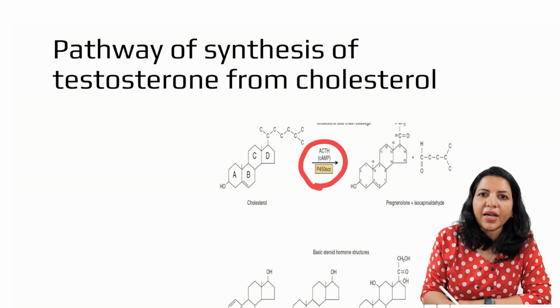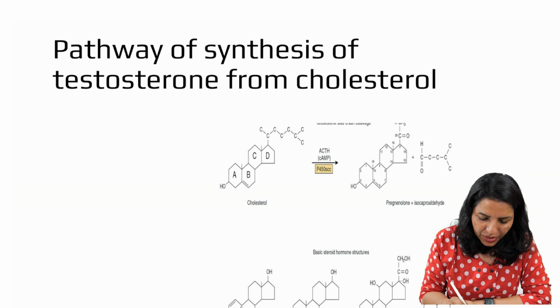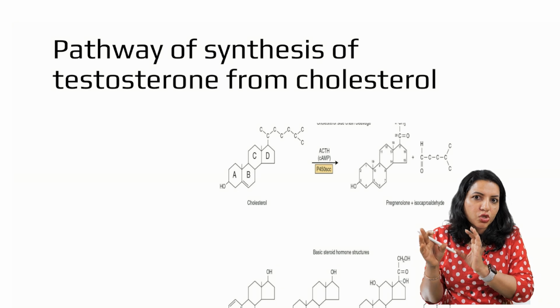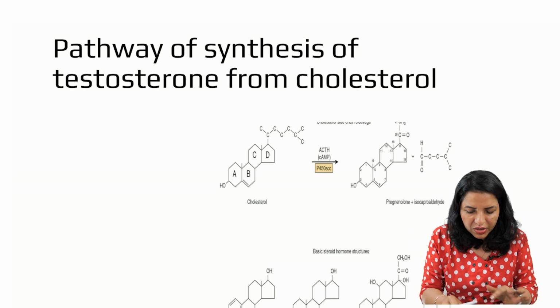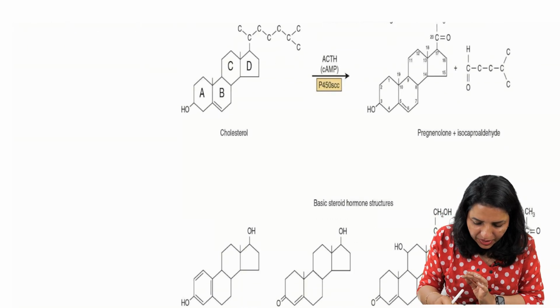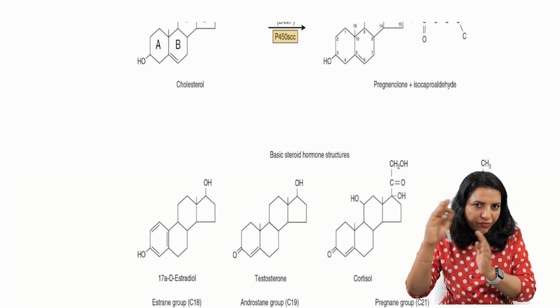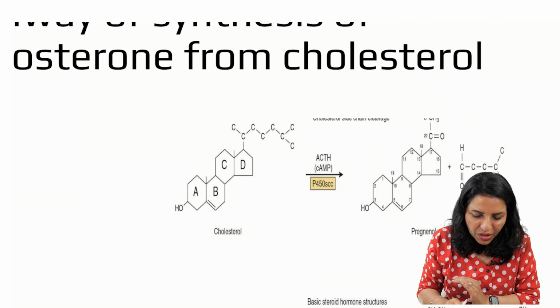That enzyme is 20,22 desmolase, because it is cutting the cholesterol between the 20 and the 22 carbon atom, where we can see that 6 carbon atoms are being removed.